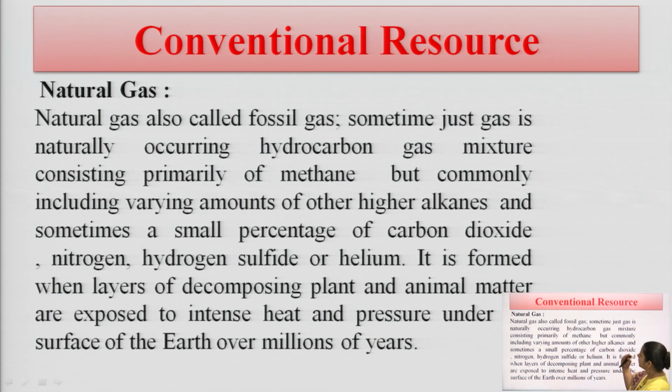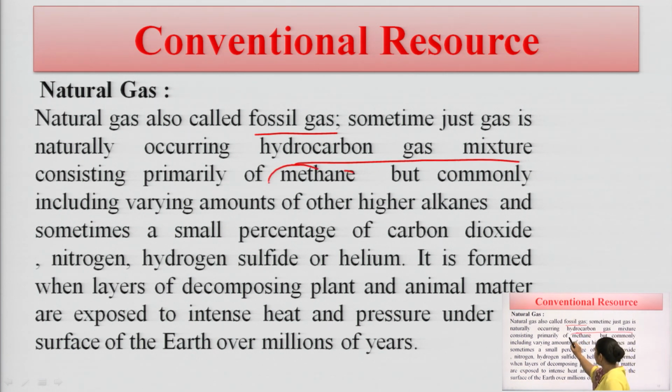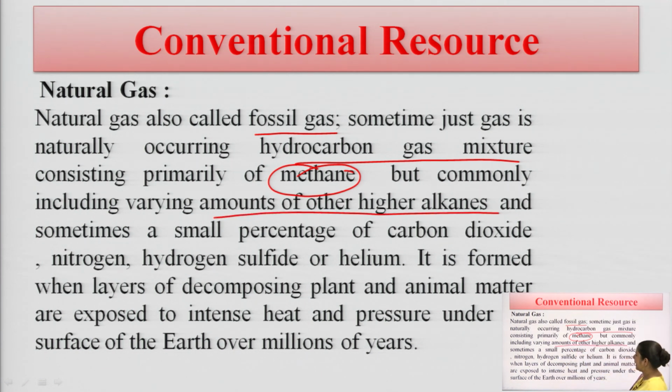Now, the next conventional resource is natural gas. Natural gas is also called fossil gas, or sometimes just gas. It is a naturally occurring hydrocarbon gas mixture consisting primarily of methane, commonly including various amounts of higher alkanes, and sometimes a small percentage of carbon dioxide, nitrogen, hydrogen sulfide or helium.